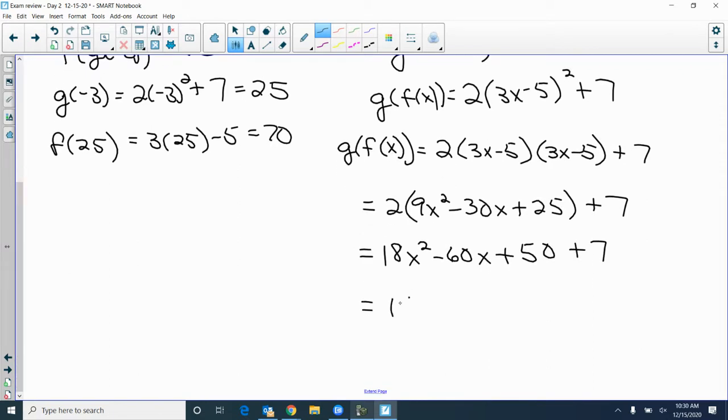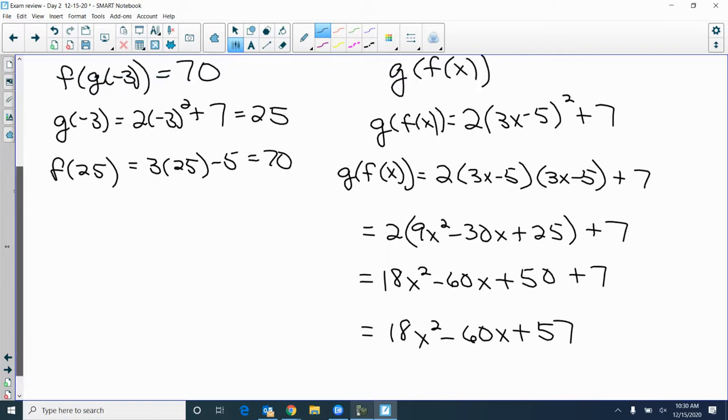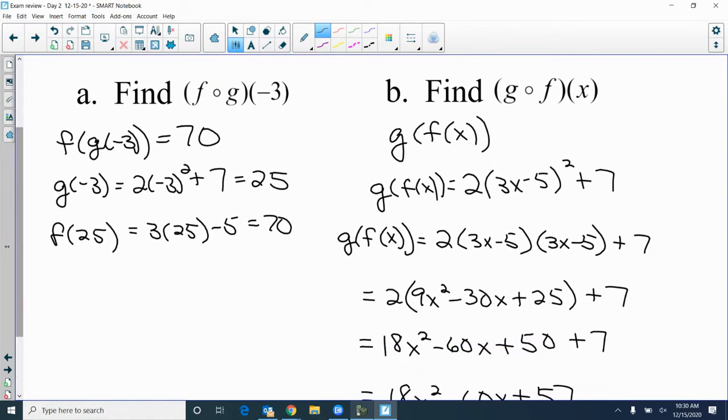And let's see here, 18x squared minus 60x plus 57. There is a GCF of 3. You don't have to factor that out. Just leave that. And definitely don't solve it. Okay, 18x squared minus 60x plus 57. All right, so that's composition of functions.